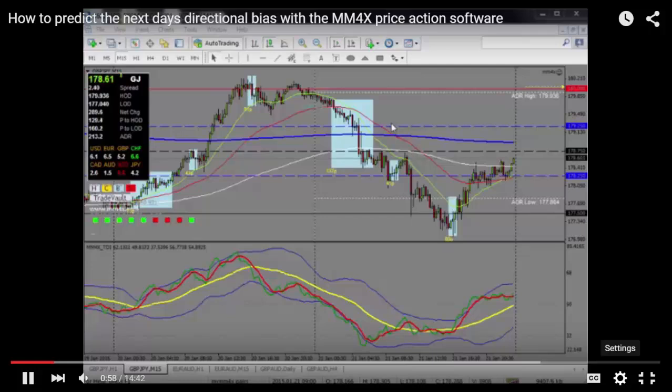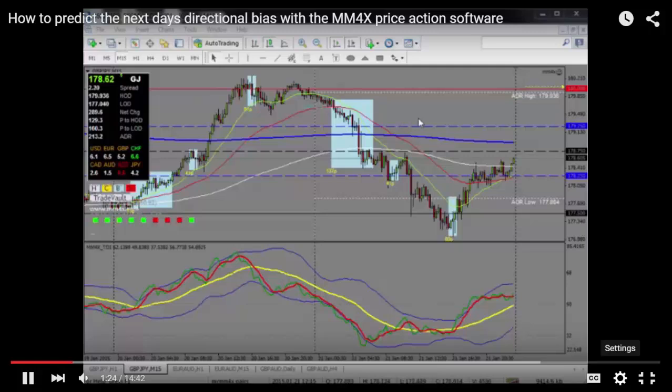And the simplest way to create a trading plan is to, at the end of the day, like right now, if we're going on the end of today, determine which way I want to trade the currency pair of my choice during the next session.